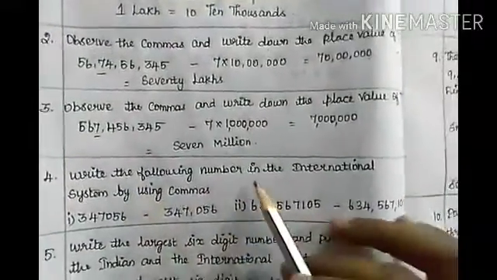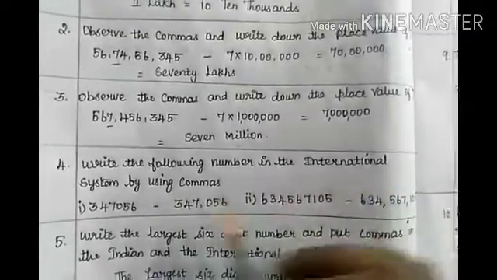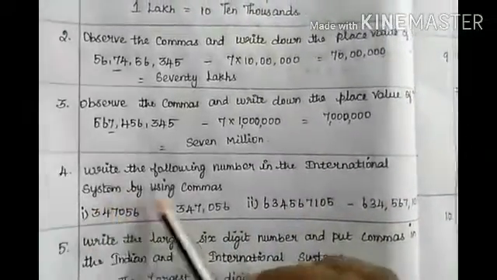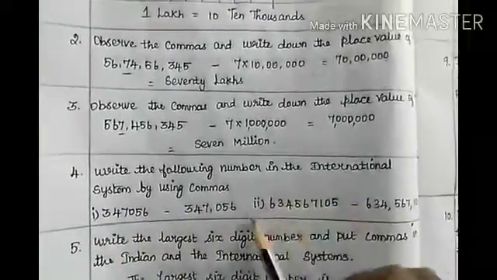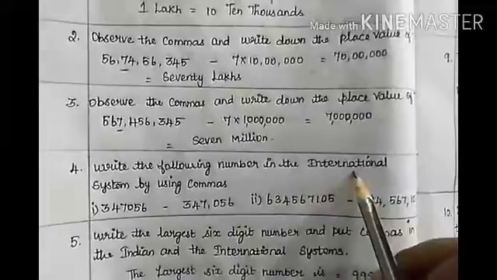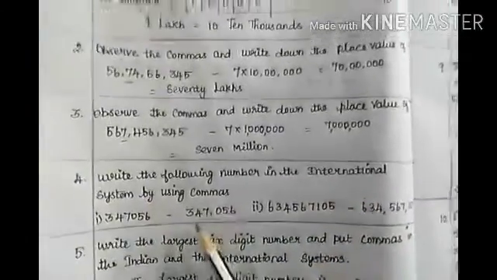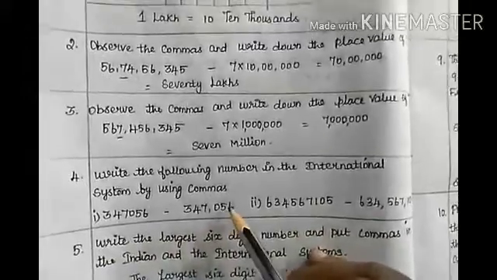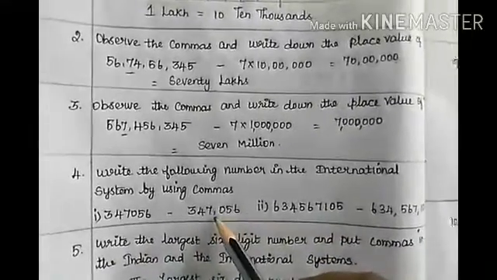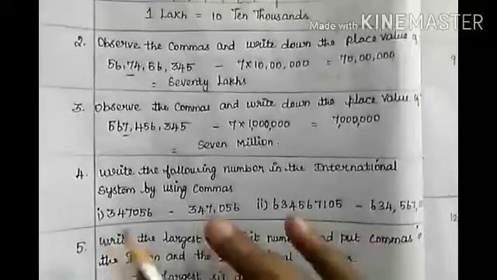Okay children, now the fourth question. Write the following number in the international system by using the commas. They have given the numbers, and we want to put the commas according to the international system method. International system means 3 digits before only, so from the last onwards you put the commas every 3 digits.